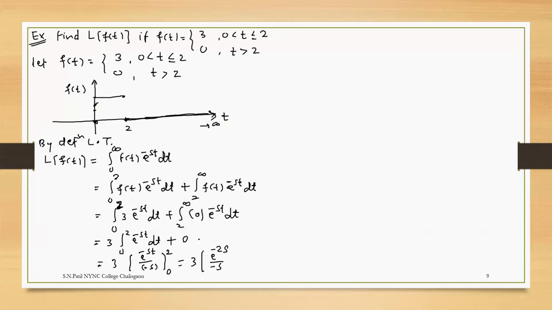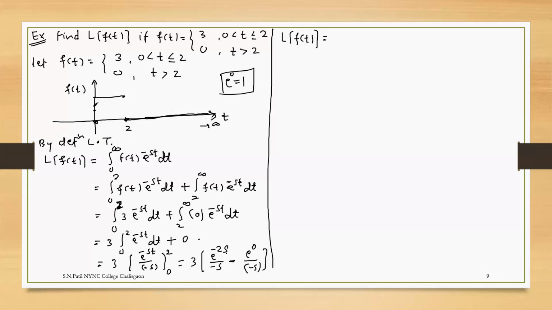Now subtract the lower limit, put t equal to 0: e raised to 0 divided by minus s. Now we get the Laplace of the given problem. The value of e raised to 0 is 1.